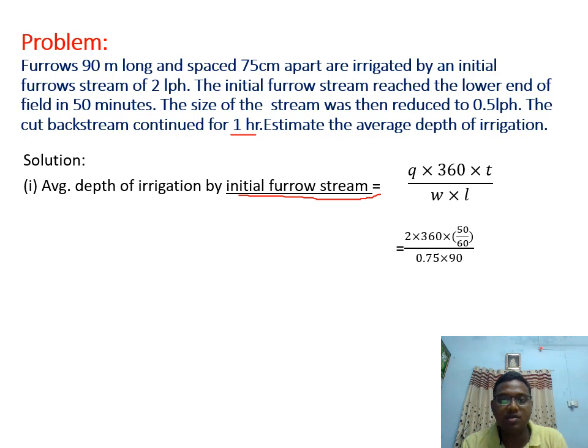Then 360 into 50, and since 50 minutes is given and the required unit is hour, we convert it by dividing by 60. The width is 0.75, converted into meter, and the length is 90 meter. So we get the depth from the initial furrow stream as 8.8 centimeter.